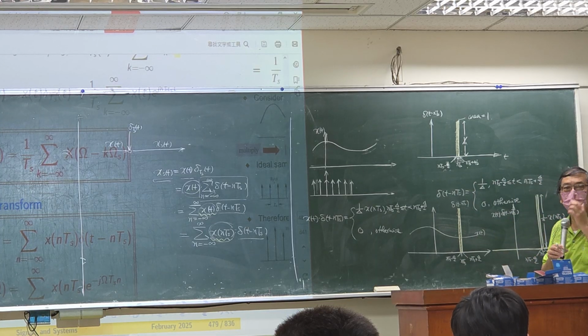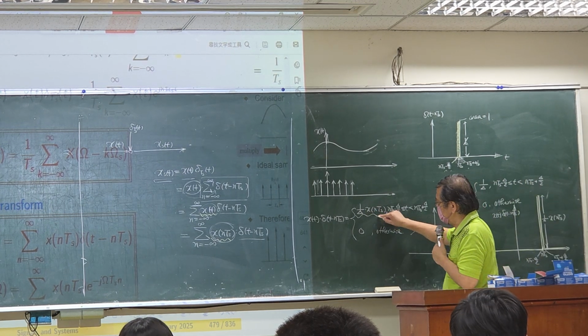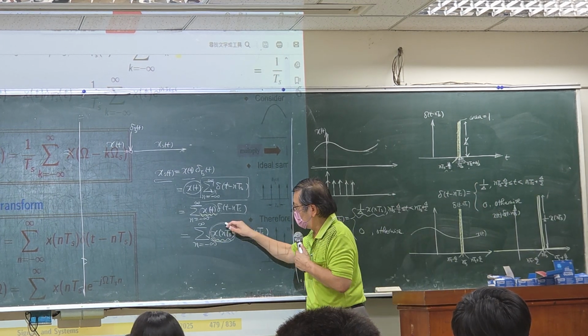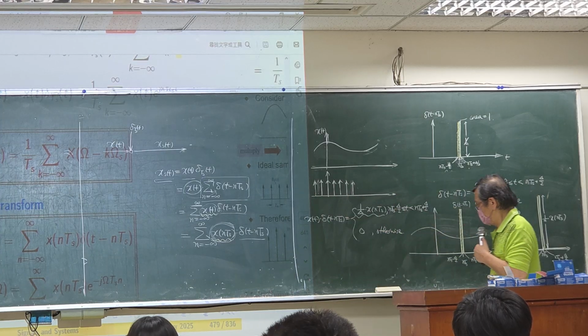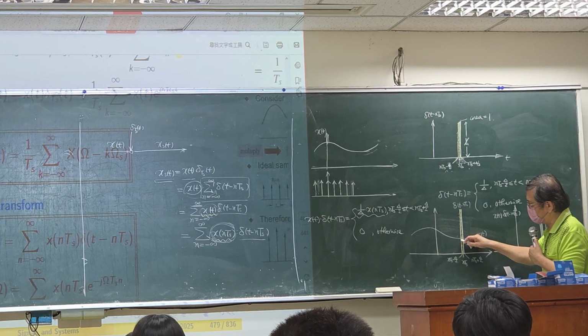Okay, is that clear? So that's why we can replace it by x(nTs), because we only care about the function value at this point.